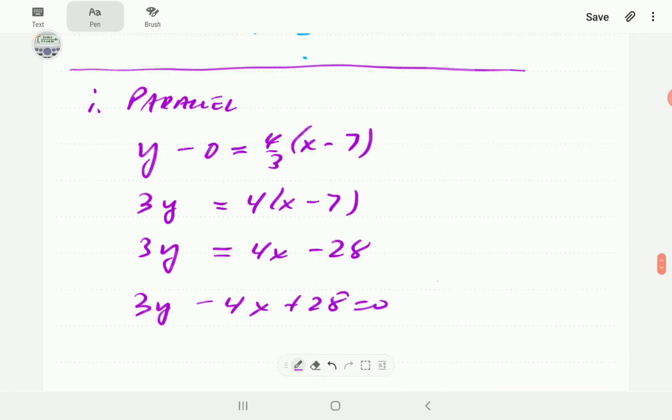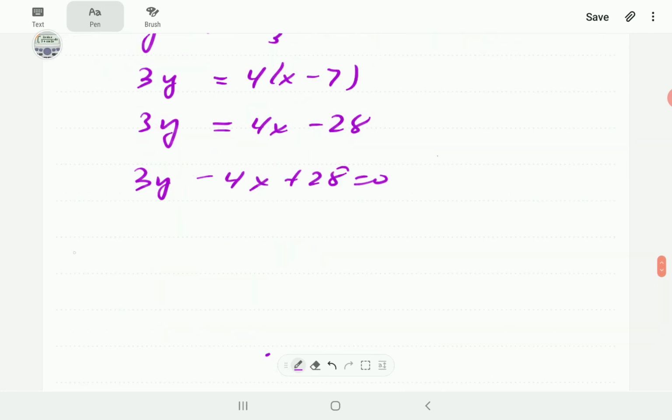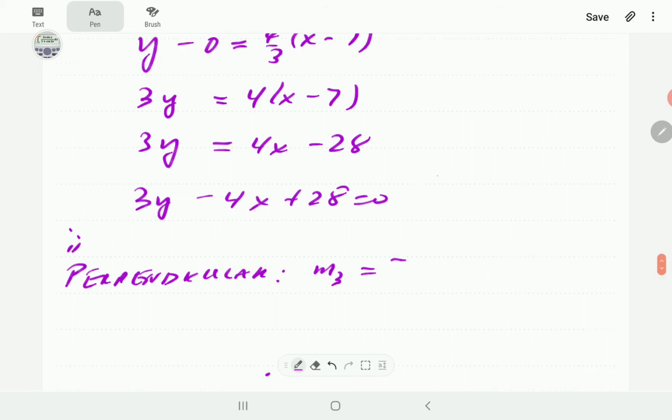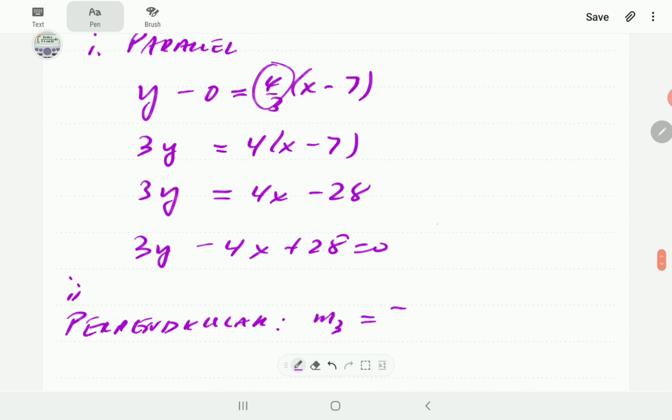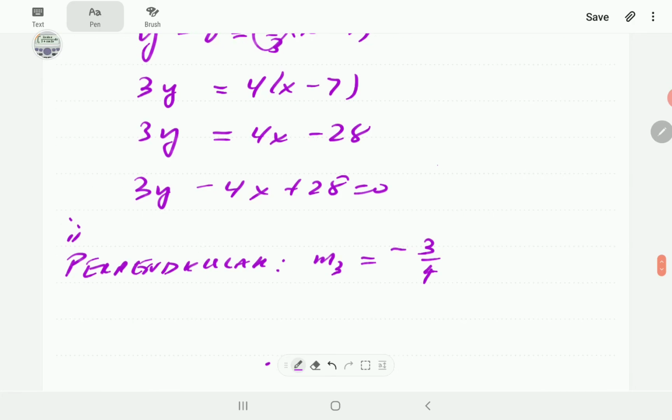Then for the perpendicular line, the gradient is going to be the negative reciprocal of 4 over 3. So we flip 4 over 3, it becomes 3 over 4. We'll multiply by negative 1. And then the equation is going to be exactly the same.